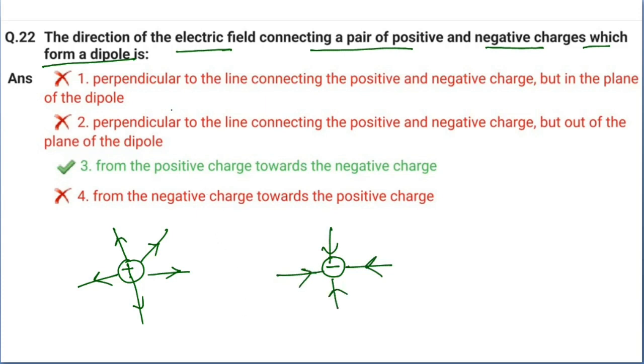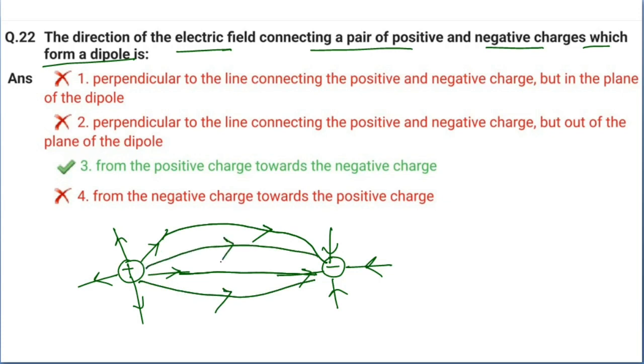So if a pair of positive and negative charges is connected, it will be like this. This is our positive charge, and this is negative.